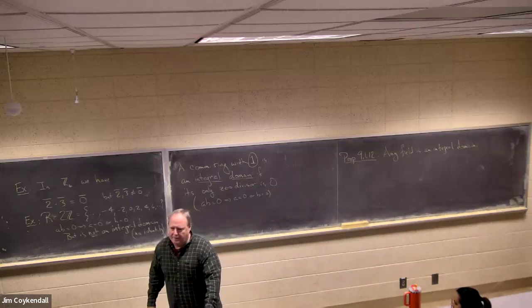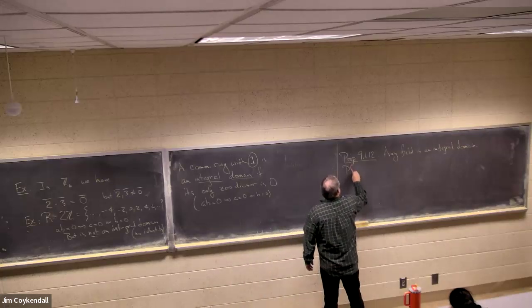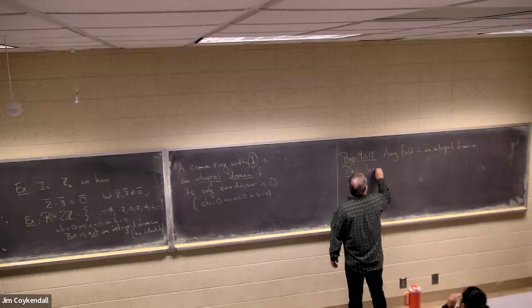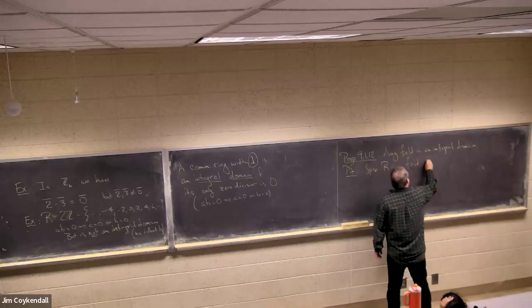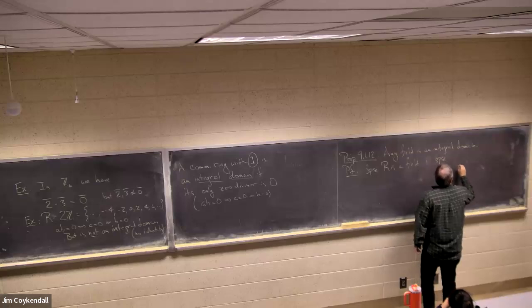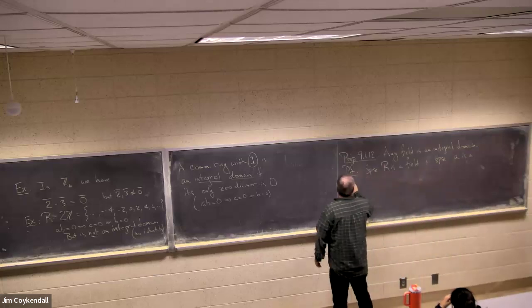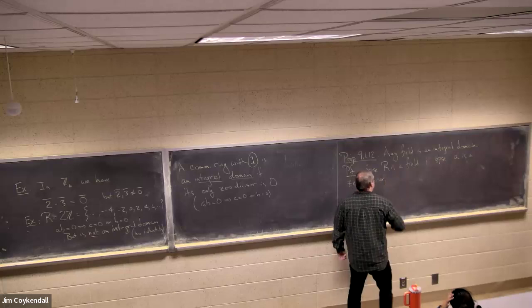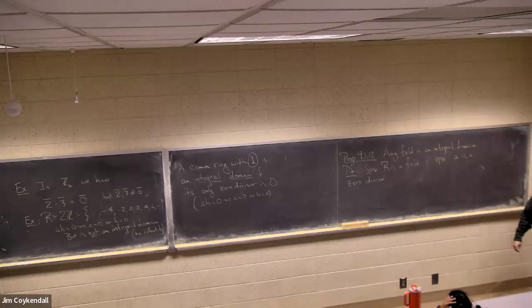So any field is automatically, in fact, right. Okay, suppose I have a field, and suppose that I have a zero divisor A.